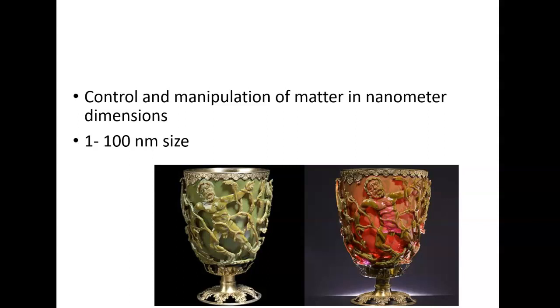In the presence of light, this green colored glass looks like a red colored glass. That is, the glass contains colloidal gold nanoparticles, and in the presence of light it has a particular optical property so that it gives out red color. Details regarding this optical phenomenon will be discussed further in this module.